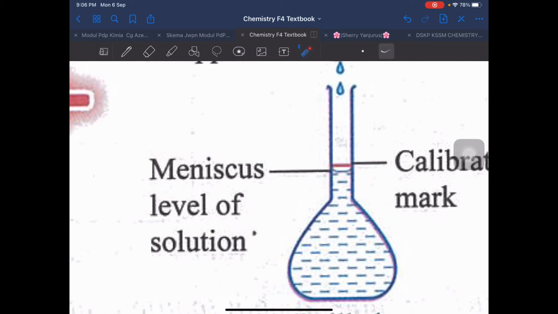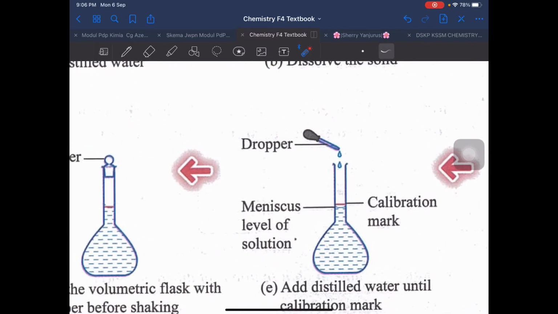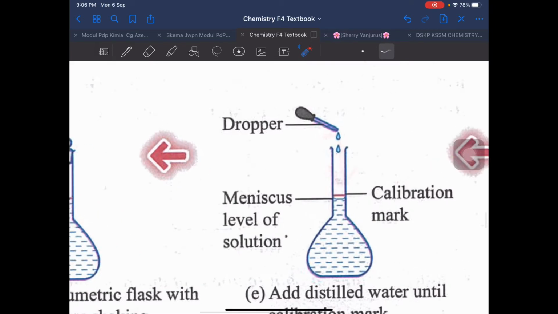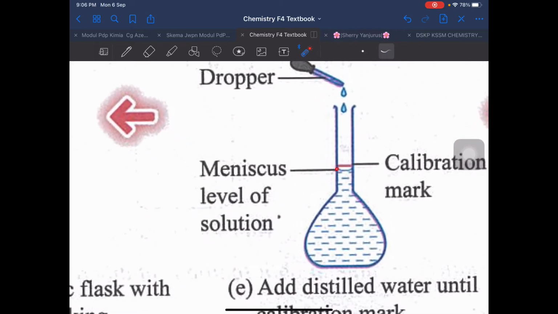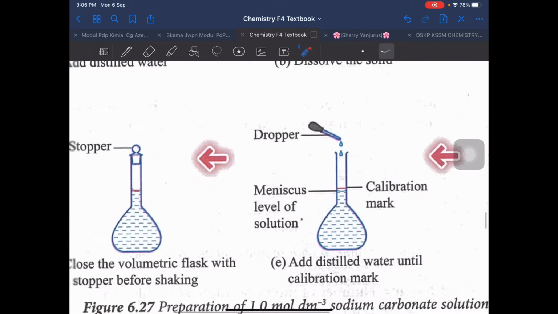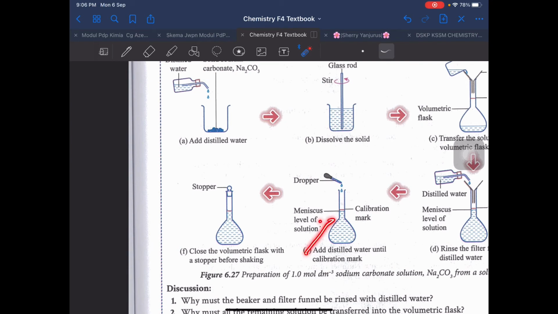So what you do is you need to isi air suling ke dalam volumetric flask until it reach the meniscus level. Di sini, di hujung. Hujung itu U, sini. Bukan ikut yang di bawah. That is meniscus level of solution. And that's what you should do. Tuang sampai meniscus level. Sampai calibration mark.